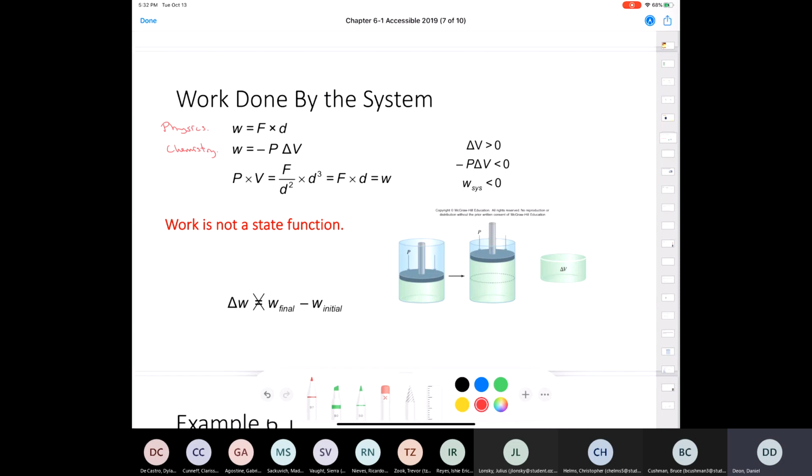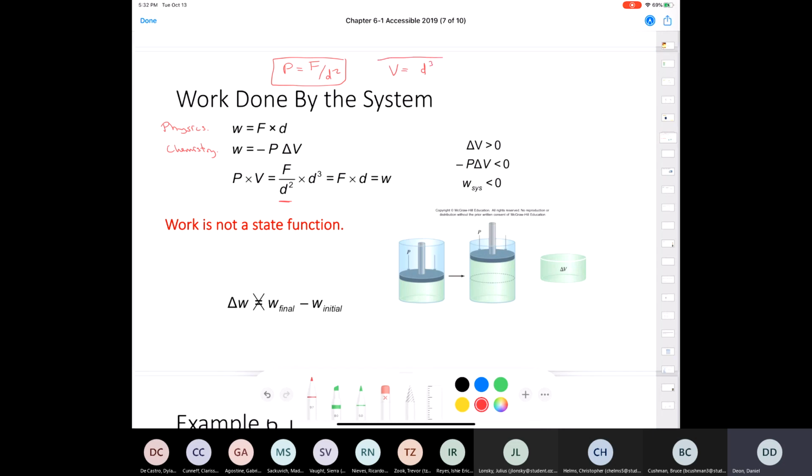Well, what's pressure? Pressure is equal to force per unit area. How could I define area? Area is a distance squared, right? So that's where this term comes from. So P times V is equal to force over distance squared. Volume is going to be equal to a distance cubed.